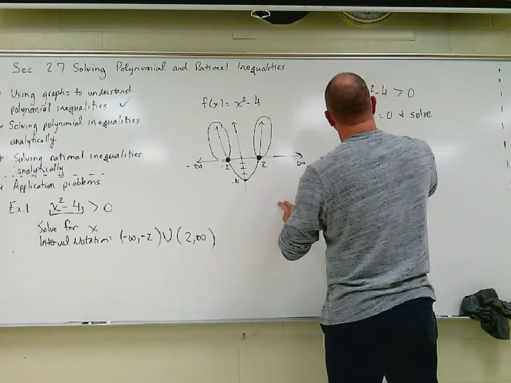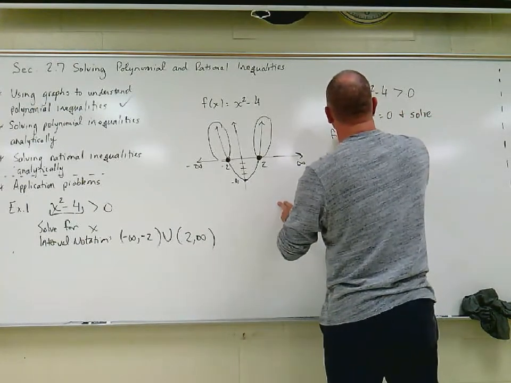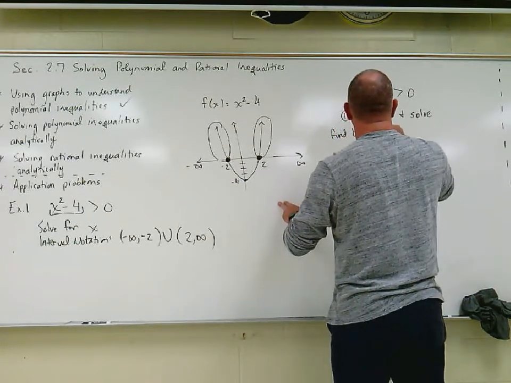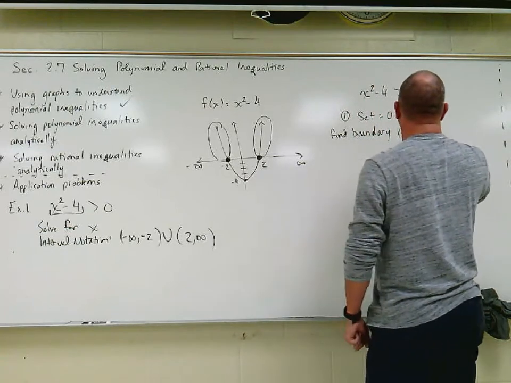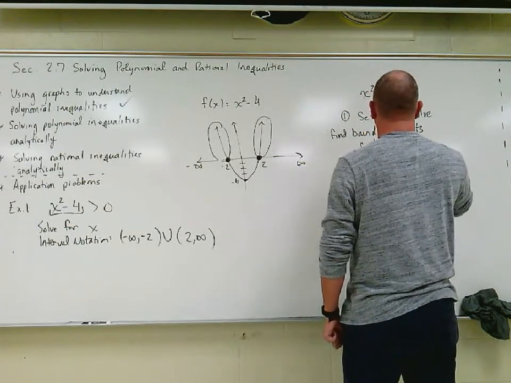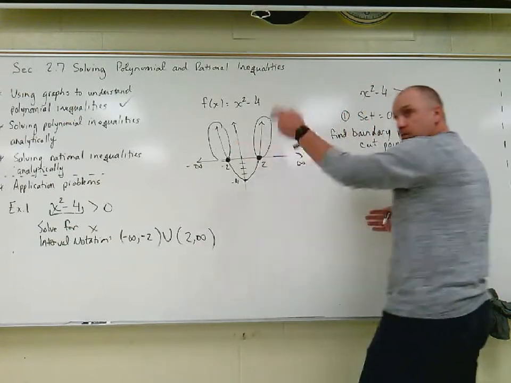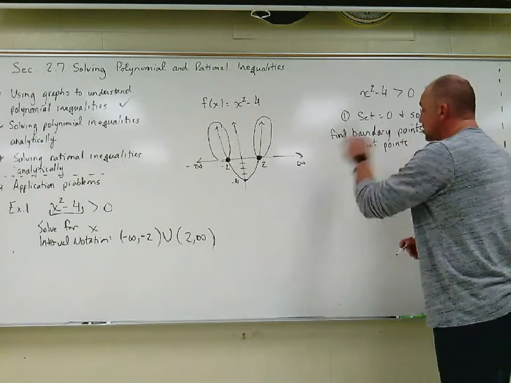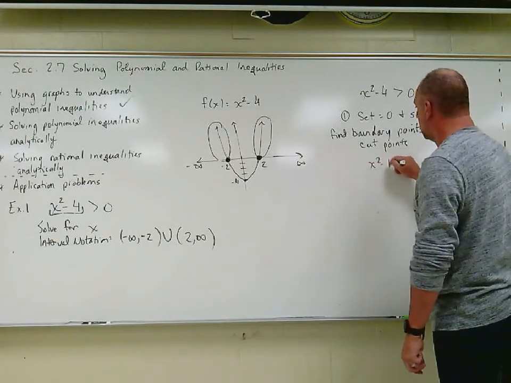I call those boundary points. The book calls them cut points. I've never heard of that, but I guess it's where you would cut the graph into separate parts.